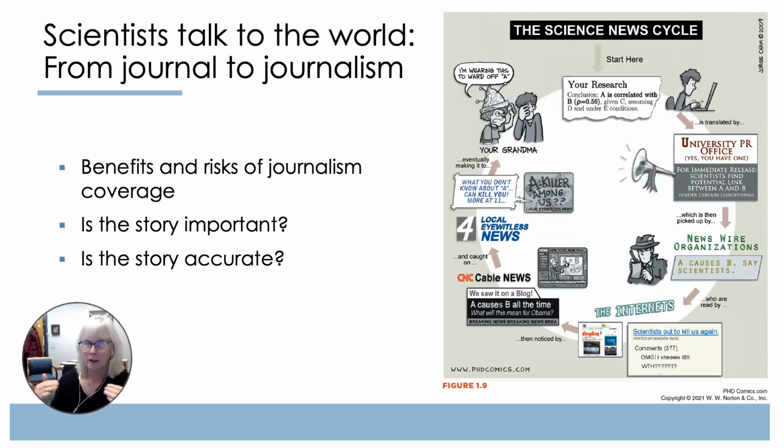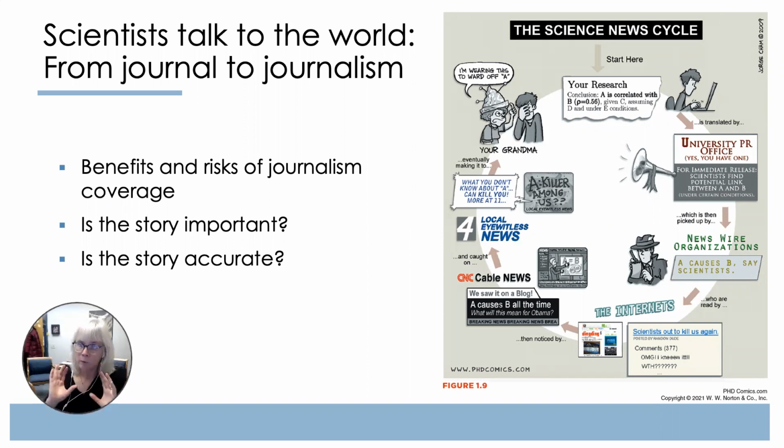From here, journalists look at some of the research that's published and ask, what can I sell, right? Because in part, a journalist's job is to sell their research or sell a story.